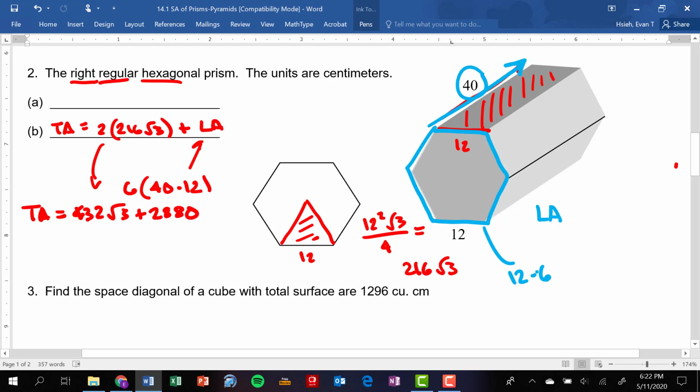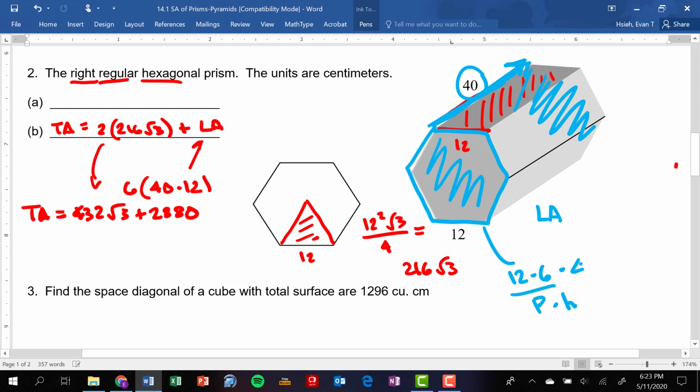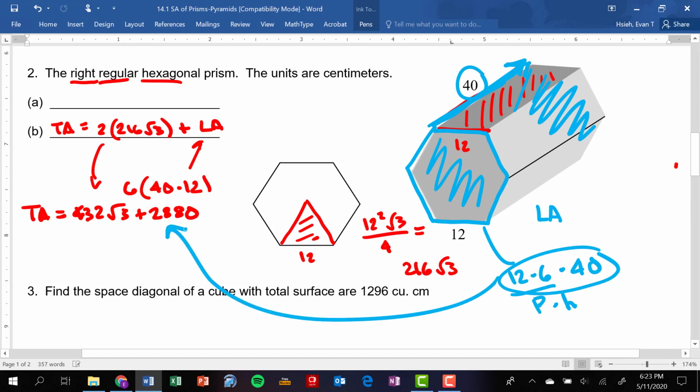So 12 times 6 is going to be the perimeter, and then I'm going to multiply it by the height, which is this 40, the distance between one base and the other base over here on the back side. So times 40. And if you multiply all this together, I believe you do get the lateral area, which is 2880.